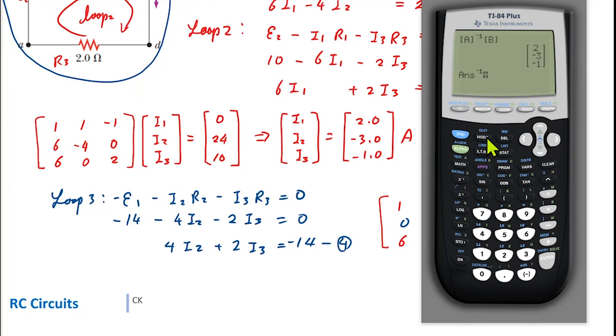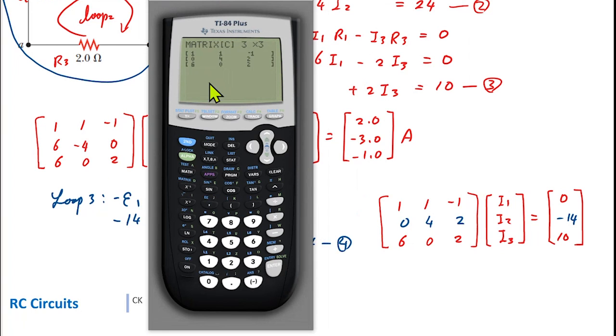Not like that. Clear. Clear. Second matrix button, edit, and I saved it here. Is it correct? Okay. And then you enter the other vector, which I saved into D here.